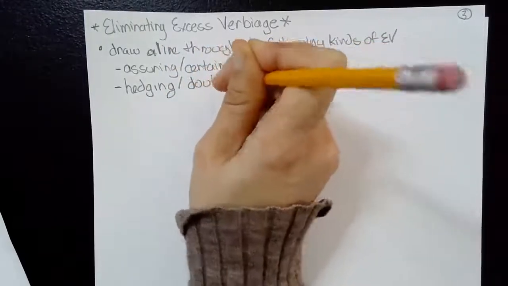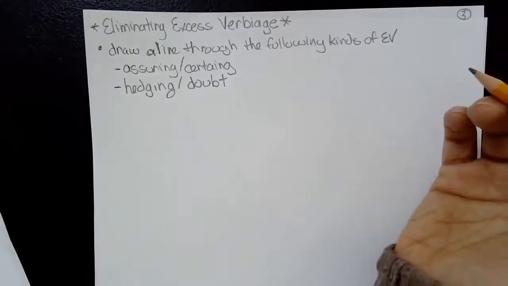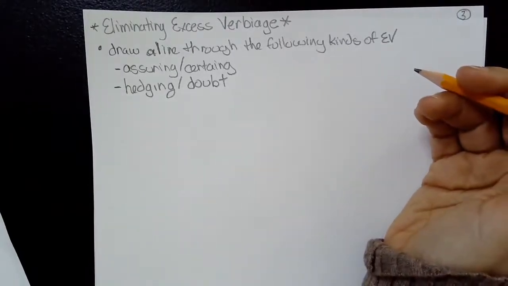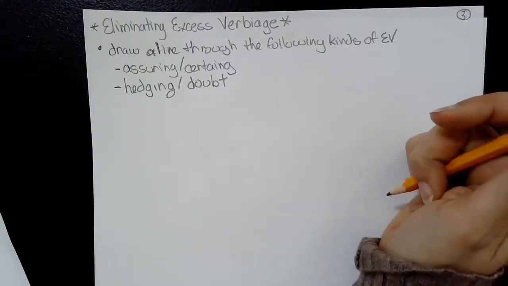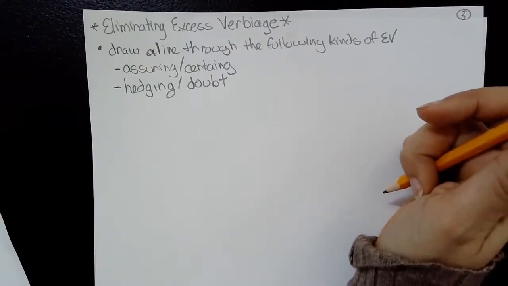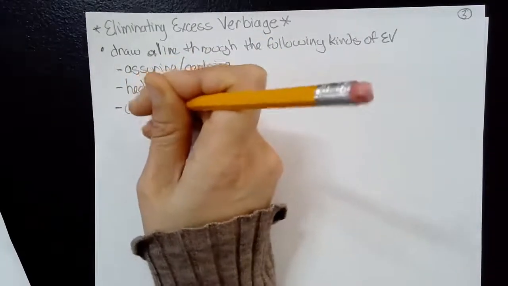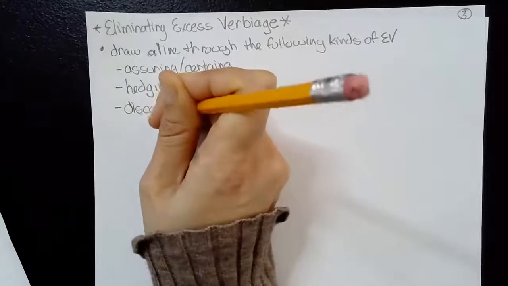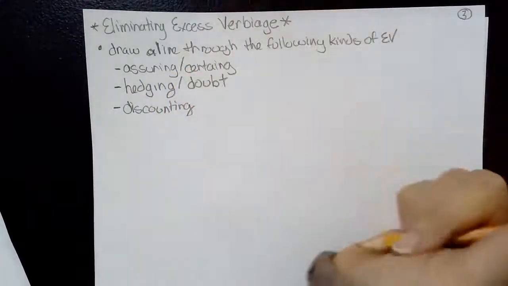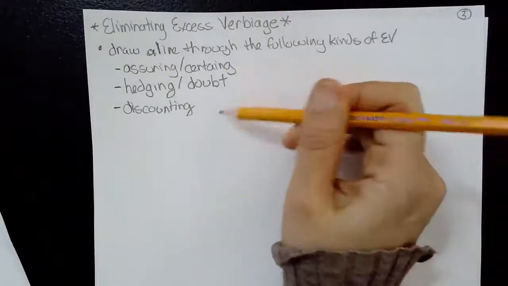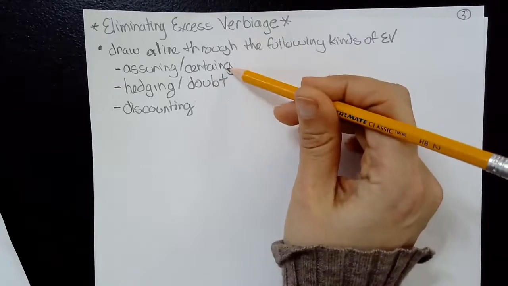Okay, so remember that's a phrase or sentence or word that indicates that a person has some uncertainty or has some reason to believe that they could be wrong, but they think they could be right as well. Then we have what? Discounting. Okay, we'll just use discounting. So these are definitely kinds of excess verbiage that we're going to want to draw a line through.